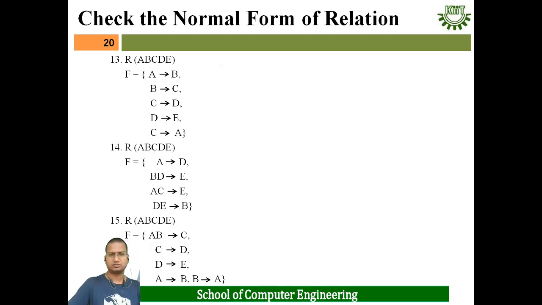This is in your BCNF. Highest normal form will be BCNF. In this case, the highest normal form is your BCNF. Okay. Then this one, your highest normal form is your BCNF.